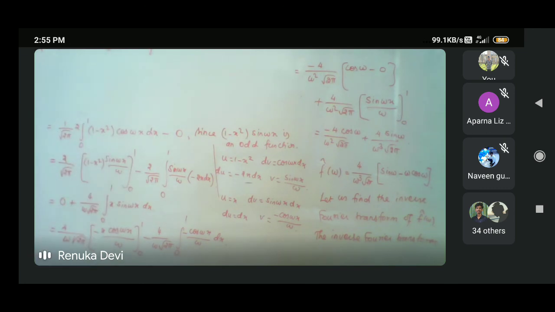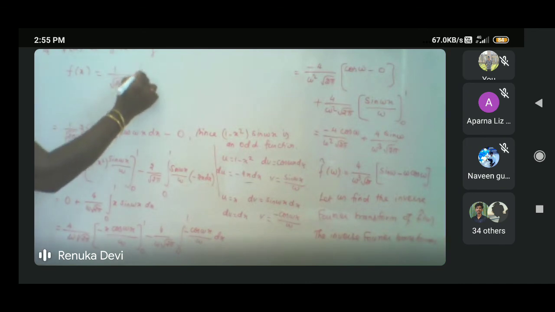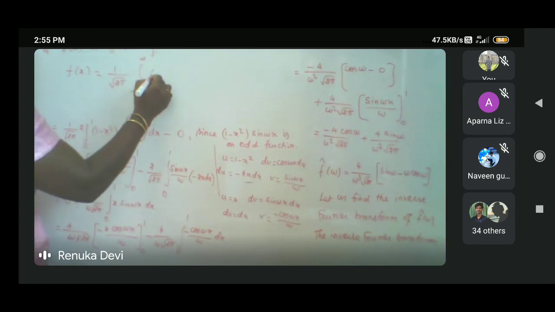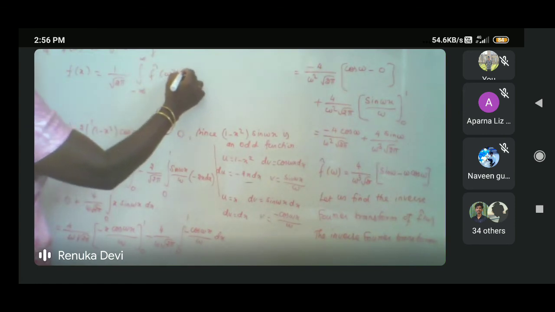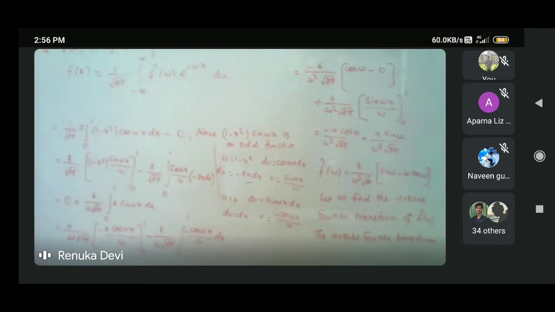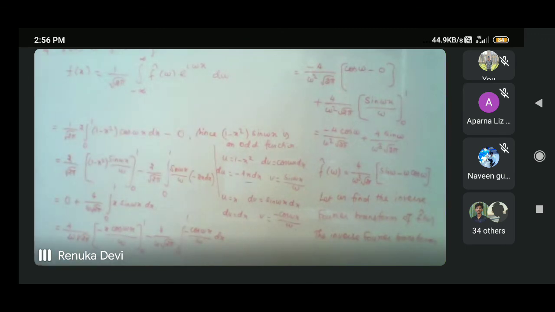It's given by f of x is equal to 1 by root 2 pi integral minus infinity to plus infinity F cap of W e power I W x into dW. We should be careful. Here we have W; for the Fourier transform we have x, for the inverse Fourier transform we have W.